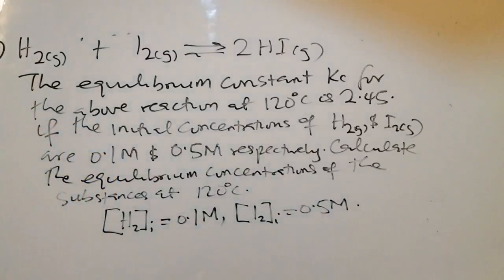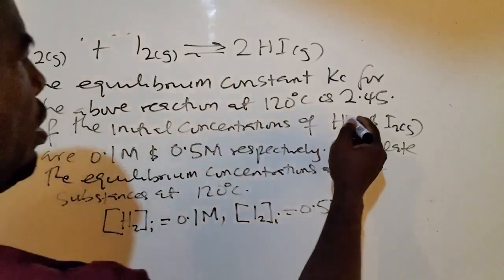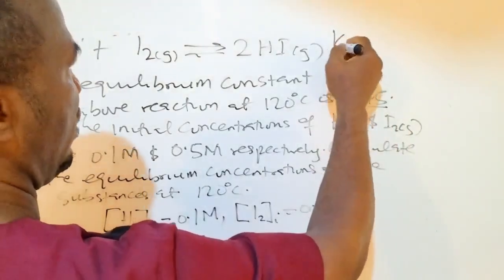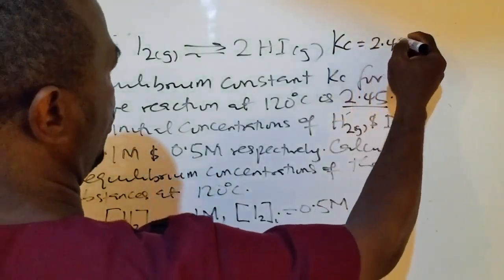In this particular problem, we are not going to calculate concentration because they are already given to us directly. We're not going to use mole over volume. And then we're given the value of Kc. So the Kc value, we can write here as 2.45 for the reaction.